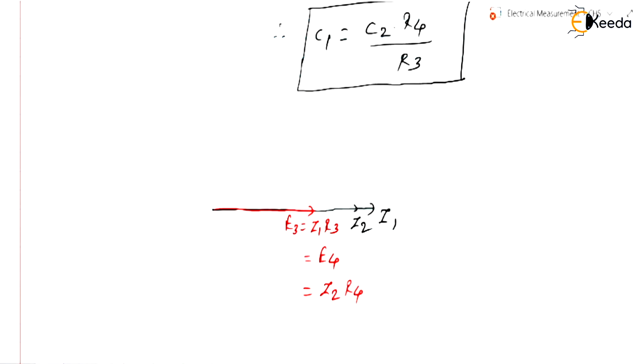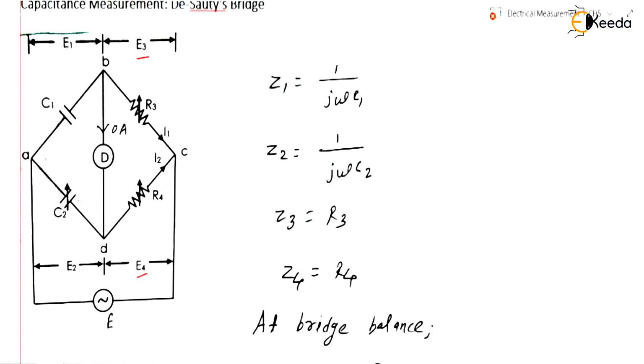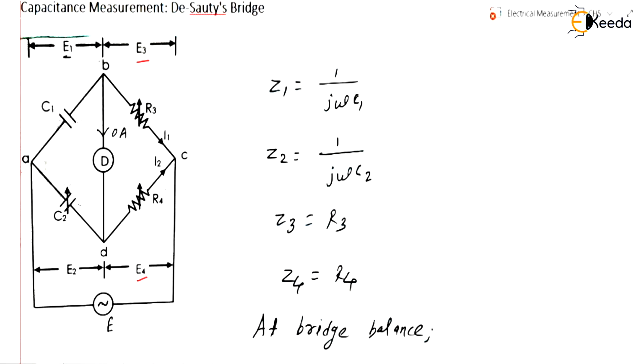Now we know the phasor of I1. Can we draw the phasor for E1? Phasor for E1 is the voltage across capacitor C1. The current flowing through capacitor C1 at bridge balance is I1.